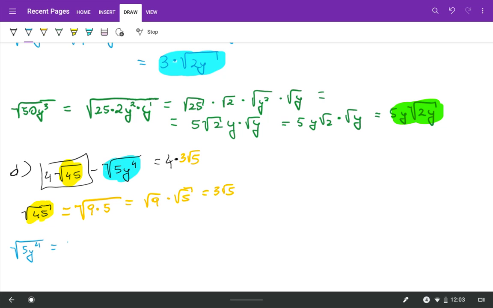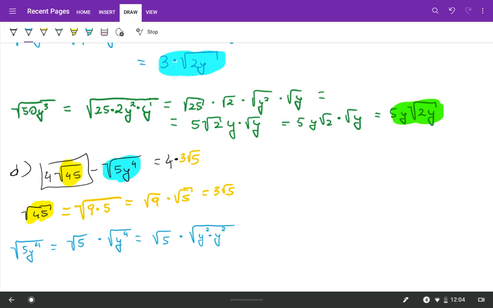So this is the same as square root of 5 times square root of y to the 4 power. Okay. So this is the same as square root of 5 times y to the 4 power. You can break it down as y squared times y squared, okay?